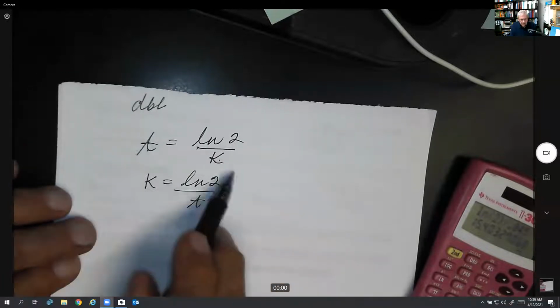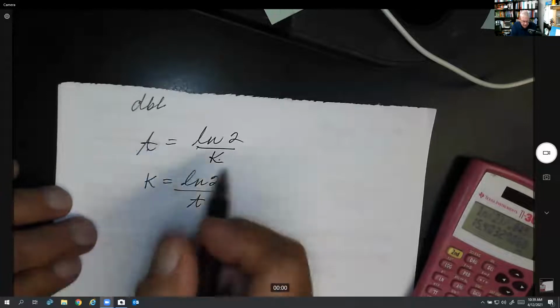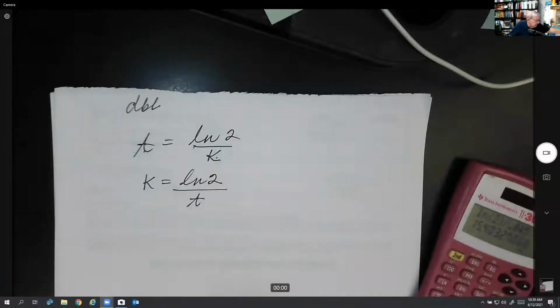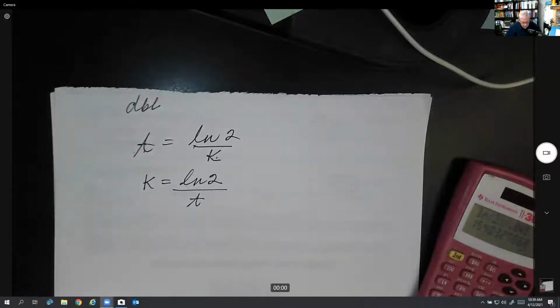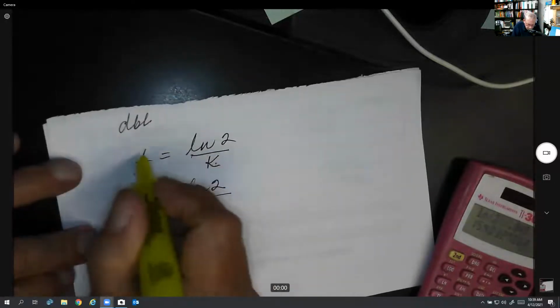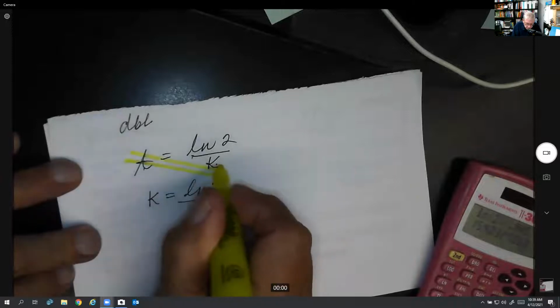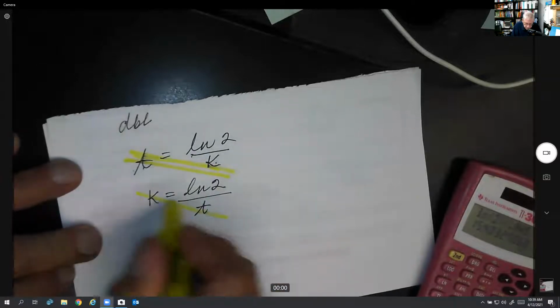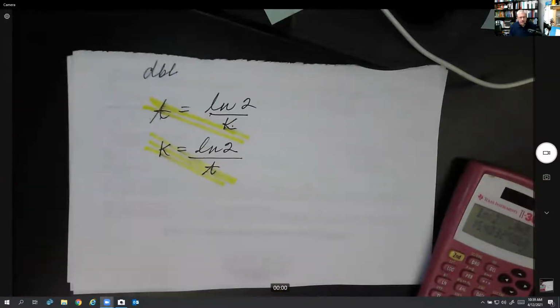So on a formula like this, these two items diagonally are interchangeable. You can interchange those two.